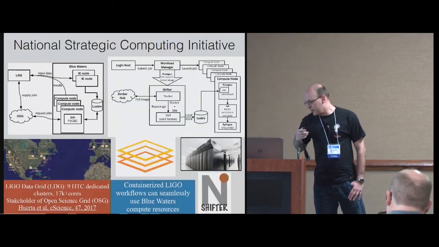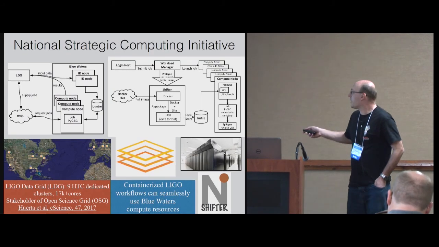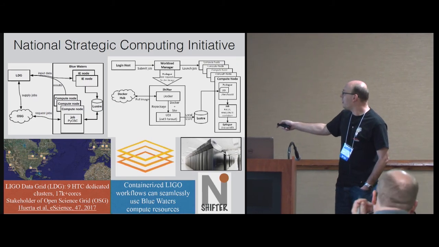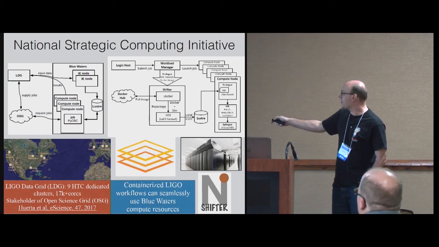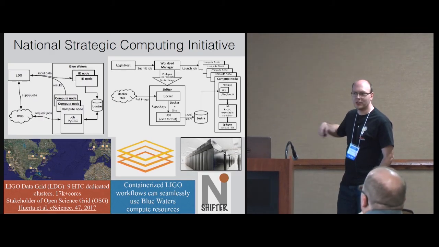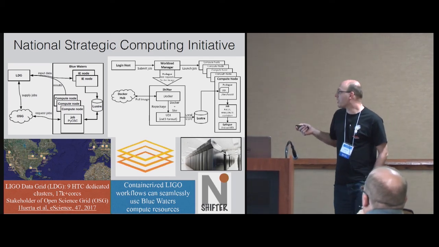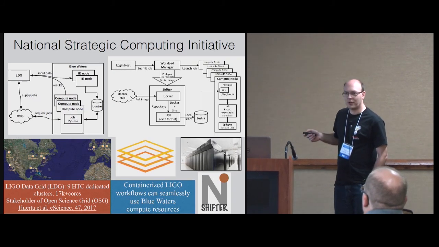Right. So the idea there is essentially that you somehow make the compute nodes of Blue Waters available to LIGO's data grid by going to something that's called the Open Science Grid. So that's initially developed for high energy particle physics, actually, where you can use resources on high-performance machines for these type of high-throughput computations.